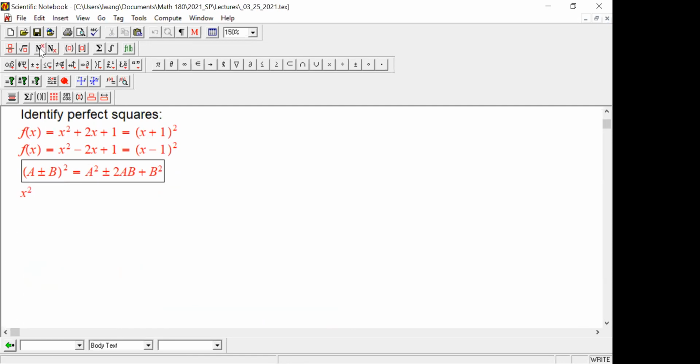X squared. Okay, just 3 of them. Are they perfect squares?